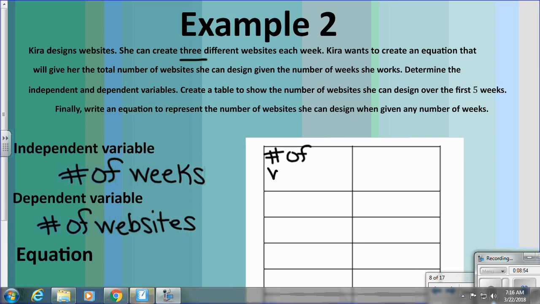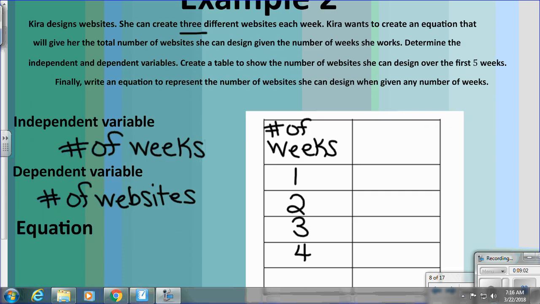So we have number of weeks, and according to our reading, we want the first 5 weeks. Okay, and then we have number of websites. Okay, so she can do 3 different websites each week.